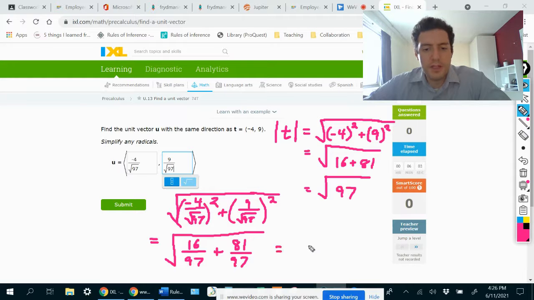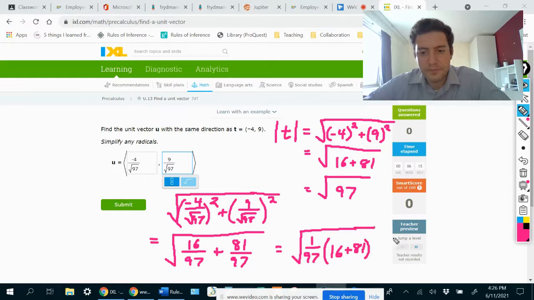Okay, and this is equal to the square root of 1 over 97 times 16 plus 81. All right, and then we could write this as the square root of 1 over 97 times the square root of 16 plus 81, which is 97.